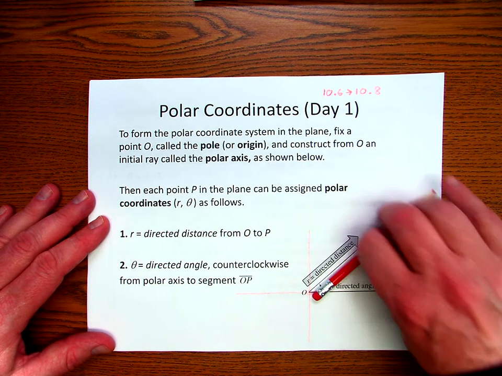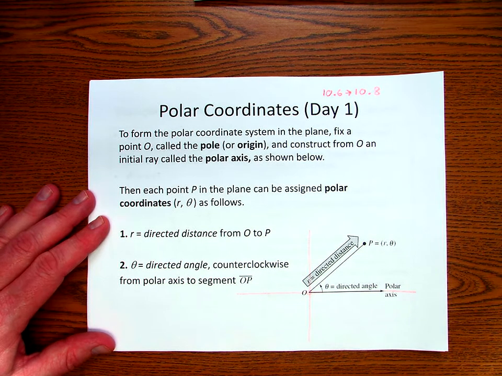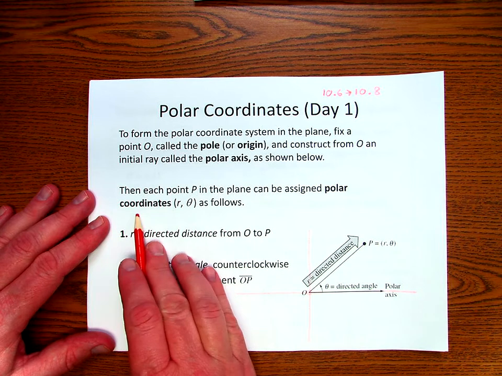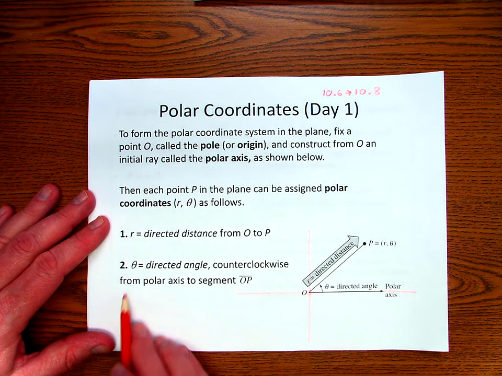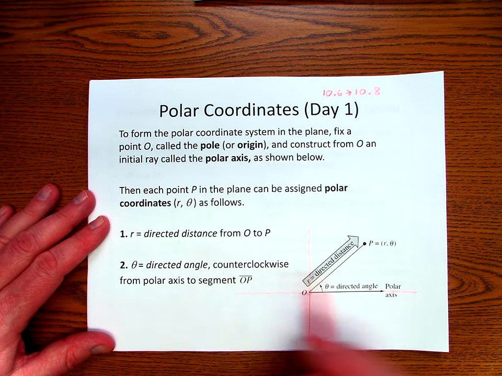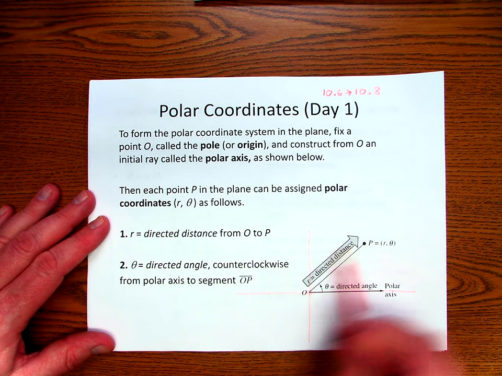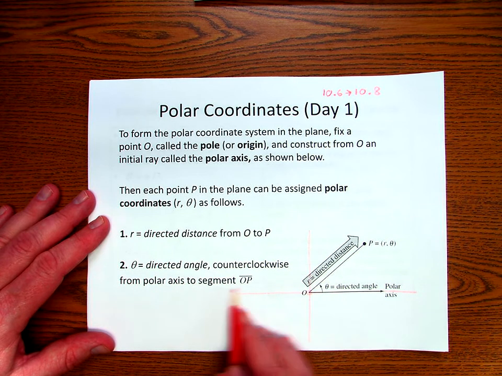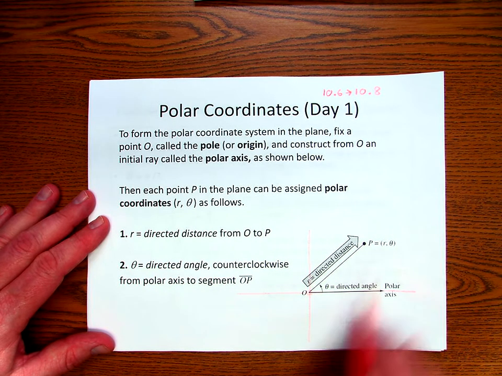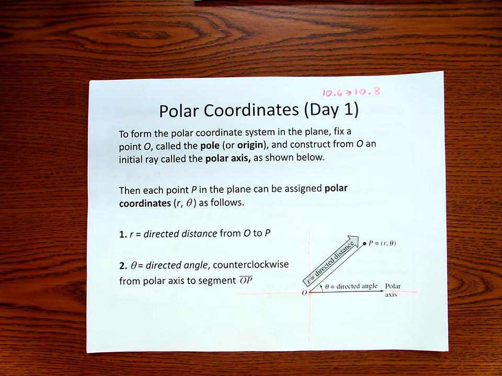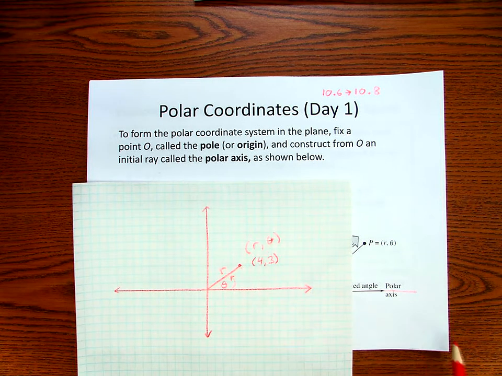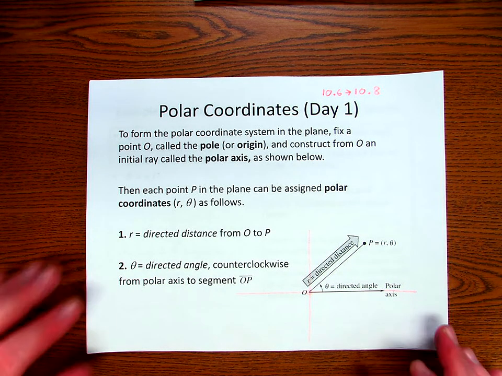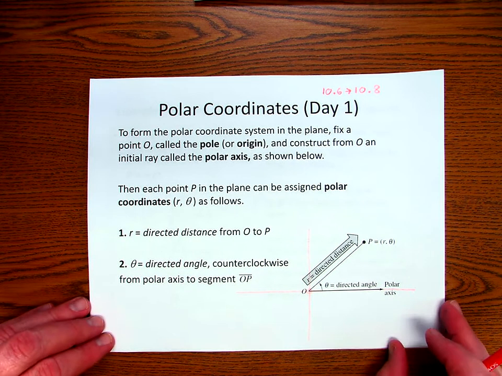It's what we're measuring that angle off of. Then each point P in the plane can be assigned the polar coordinates r theta as follows. r is the directed distance from O to P. Theta is the directed angle counterclockwise from the polar axis to segment OP. So that corresponds to what I did here, except with a little bit different vocabulary that's more commonly used with this particular topic.